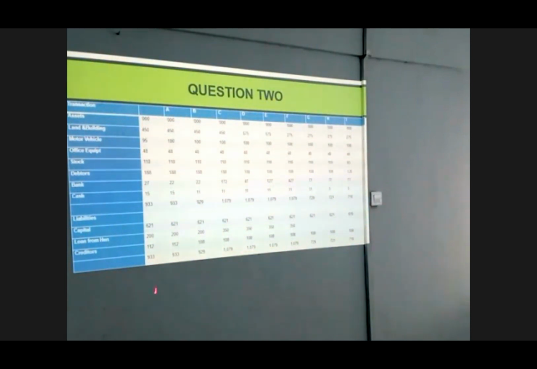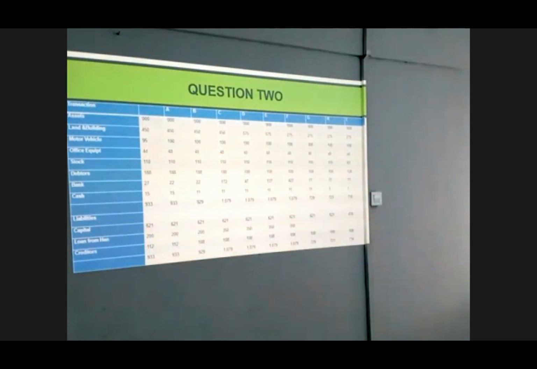We are looking at the changes that have occurred in column A and the B's. Are you okay? Good. If you take land and building, look at it. How much is here? 450 at the beginning. And at the end of the month, we are 450. Is there any change here? No.